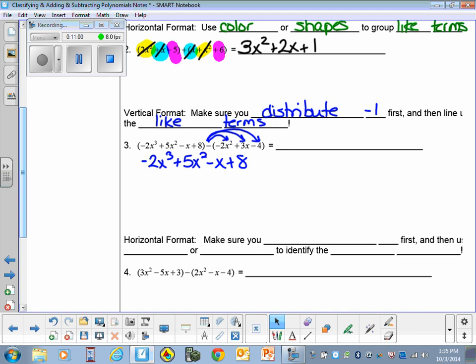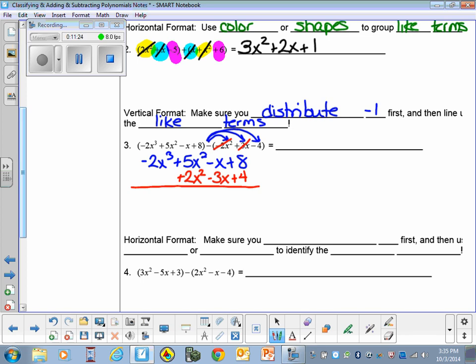Now, let's make sure we do that distributive property. Negative 1 times negative 2x squared is positive 2x squared. And I need to write it underneath the x squareds. Negative 1 times positive 3x is a negative 3x. And negative 1 times negative 4 is a positive 4.